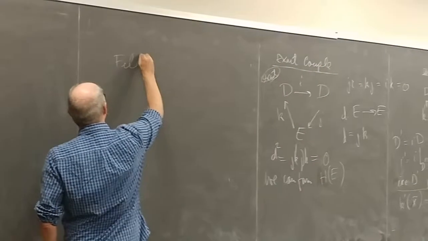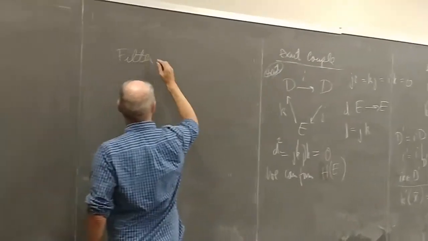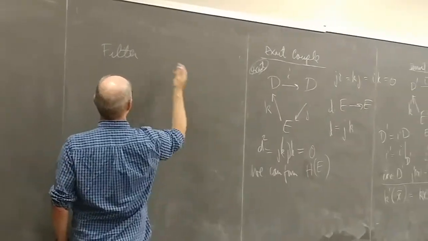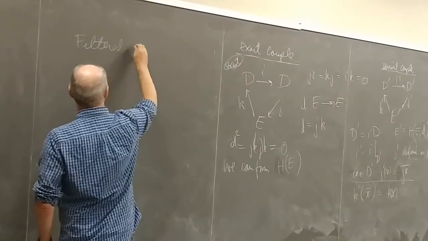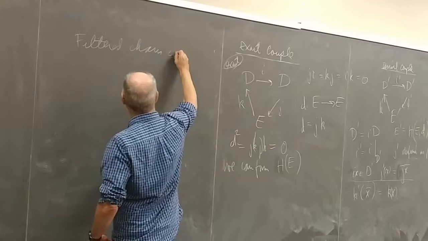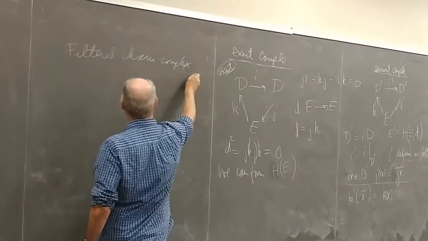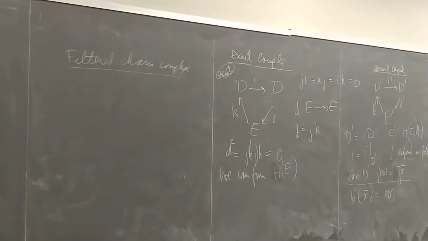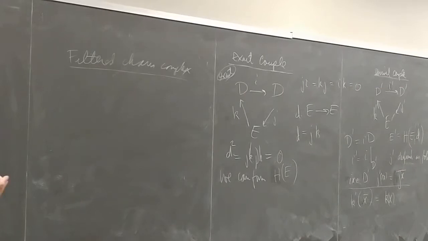So how do you get exact couples? Well, one way you get exact couples is from something called a filtered chain complex. Not every exact couple arises from a filtered chain complex, but many do.